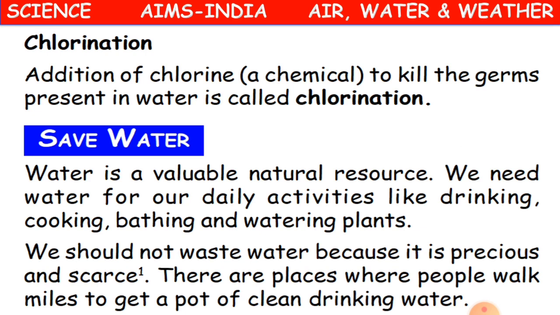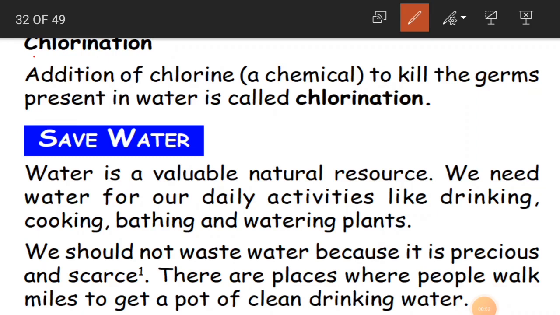Okay children, clear? Chlorination. Now we learn about chlorination. What is this? Addition of chlorine. Chlorine is nothing but a chemical, children. Why do we use it? To kill the germs present in water. We said that germs also exist in water.